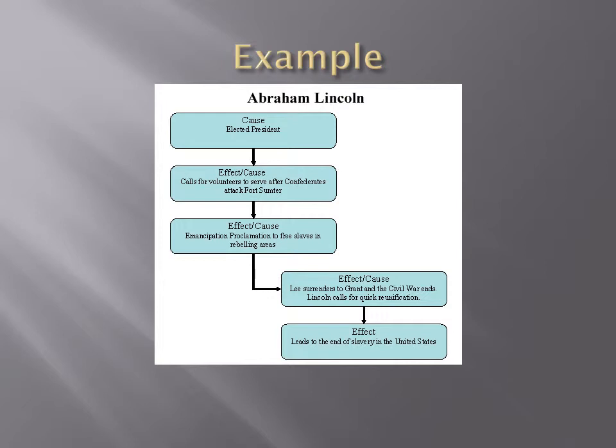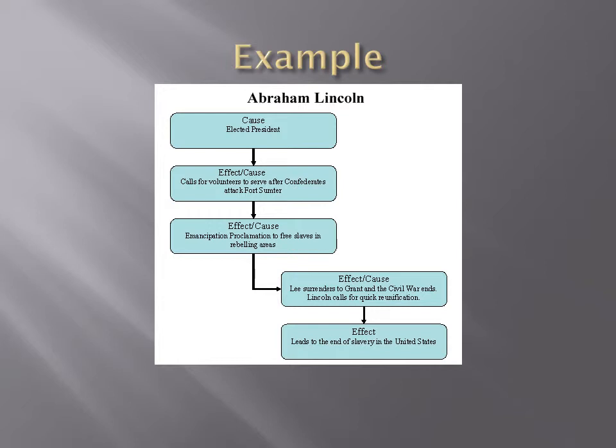So that's an effect of things that Lincoln did, but it's also the cause of something else. And the bottom line effect, the big picture effect, is that it leads to the end of slavery in the United States. So ultimately, Lincoln getting elected through a series of events leads to no more slavery in the United States.